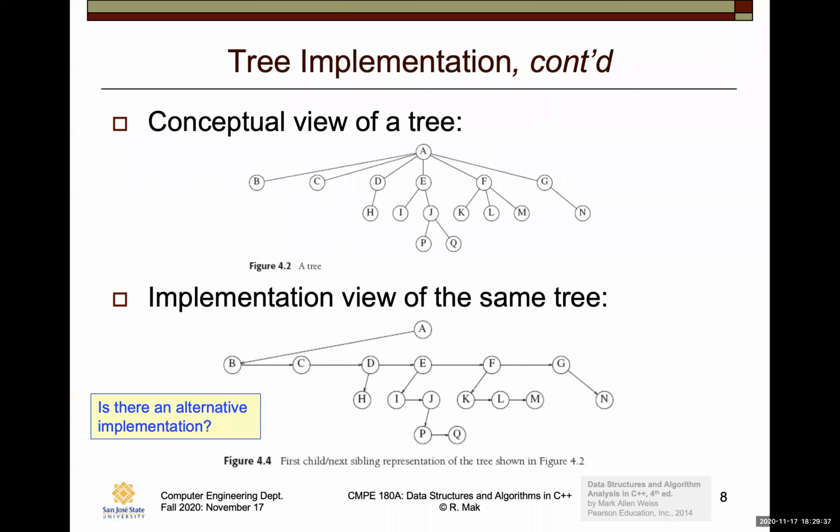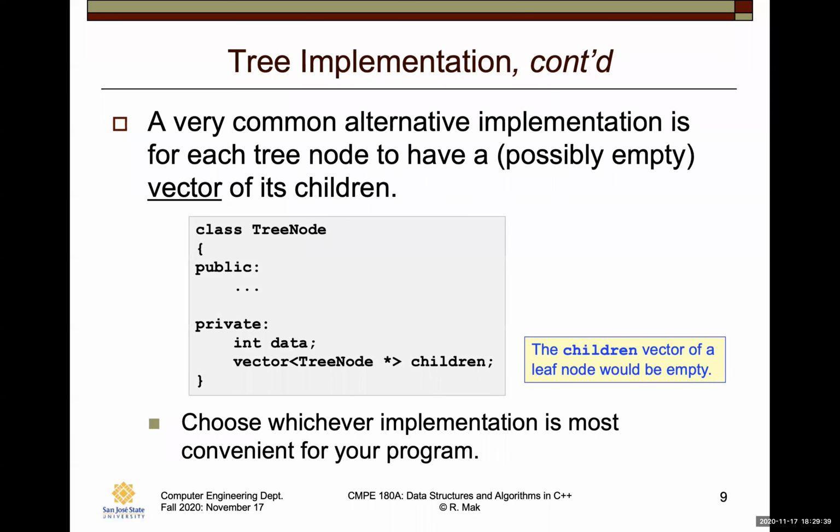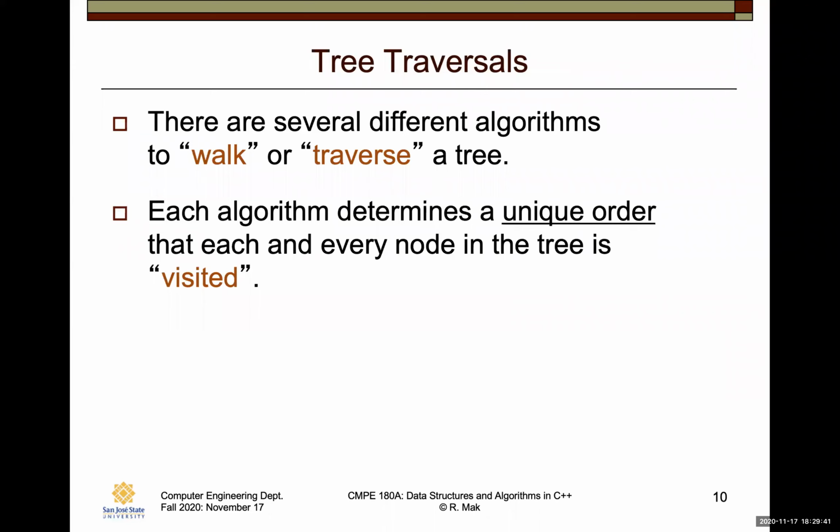All right, so you've seen two ways of implementing a tree. Once you have a tree, what do you do with that tree? Well, obviously, you want to visit the nodes of the tree, because remember, each node has some data, and presumably that data is important to your application, and so your application has to walk or traverse the tree.